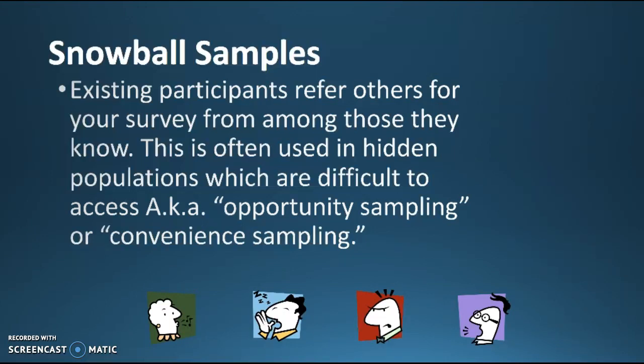So again, it can be useful. It's hard to get a random sample of armed robbers in a survey, especially when they're doing behaviors which are incriminating or sensitive or private, or there are legal consequences for them doing them. They may not want to reveal that they are doing them. They may not feel safe to do so.